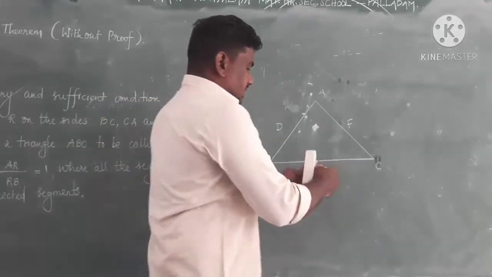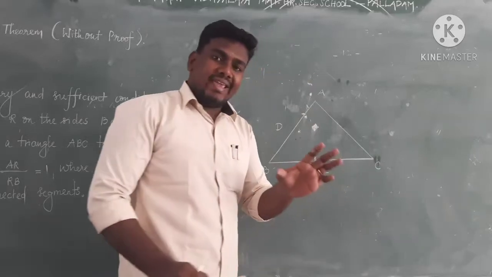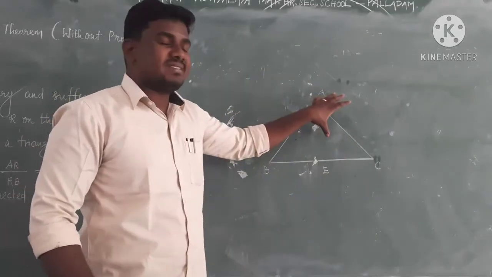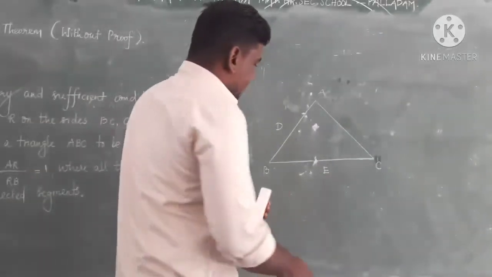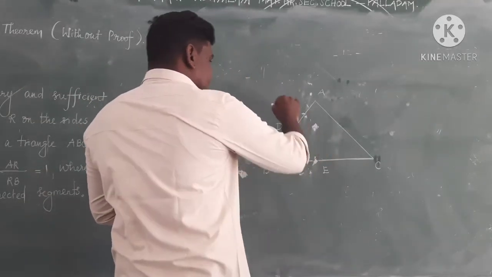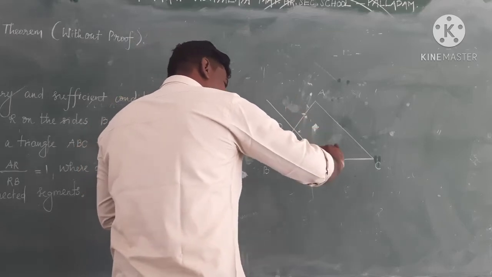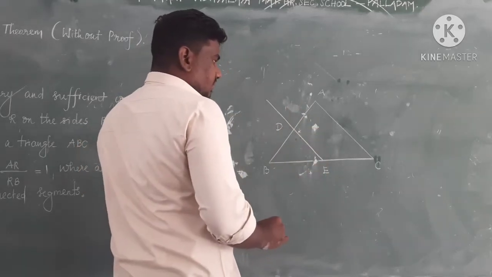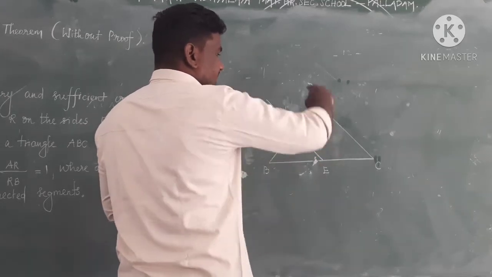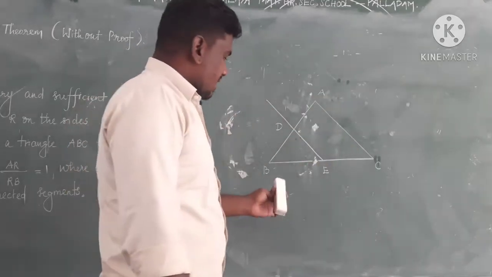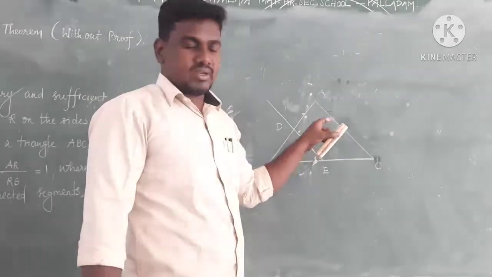So the third point must be on the extension of any one side of the triangle. For example, if we join these 2 points, you can get it like this. So you must extend the side AC, either AC, or we can extend BC or AB, like that.